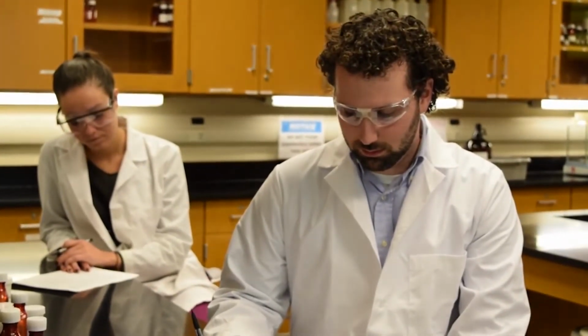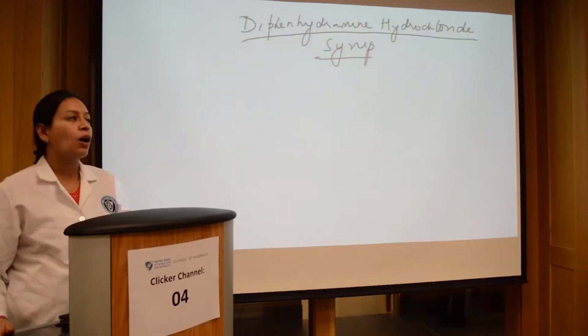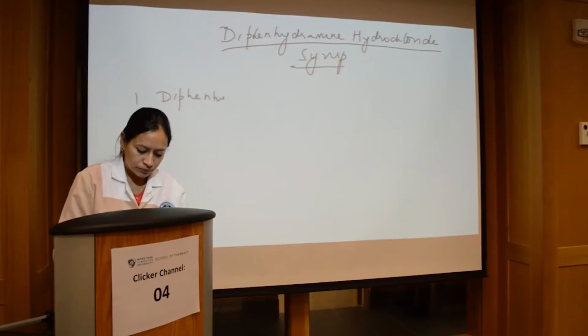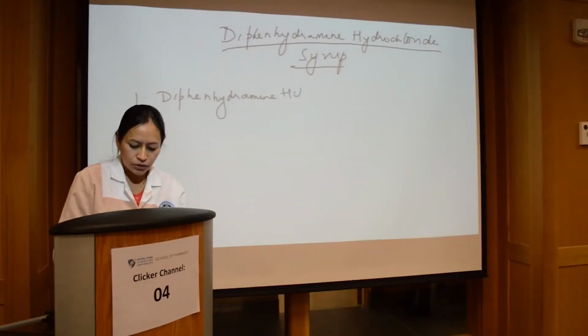And the formula is given for 100 ml syrup. However, we are making only 60 milliliters of the syrup, right? So you will be doing calculations and calculating the amount of each ingredient. So for the first ingredient, you have diphenhydramine hydrochloride.